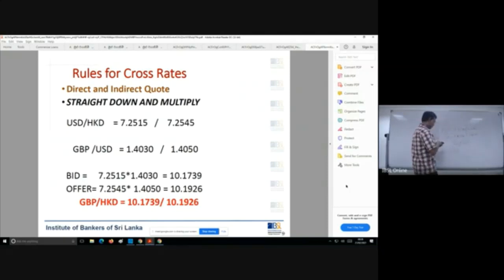Same thing for the other one: 1 divided by 1.4050 is 0.711. We take one only, this one. Now I'll erase this one. Now we are on this common platform.